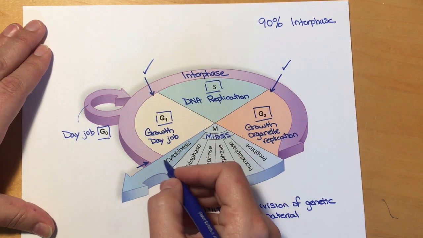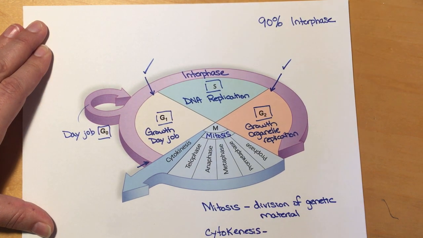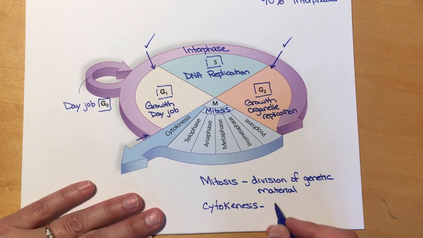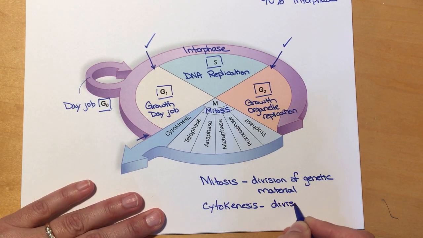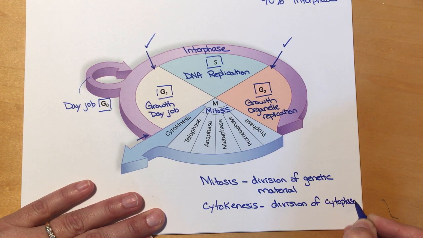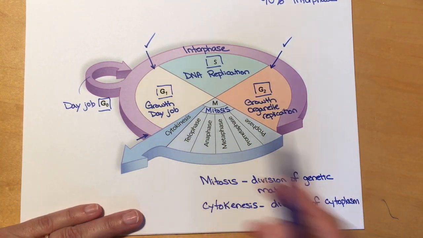And then over here in cytokinesis, you see what I'm writing? In cytokinesis, that's the division of the cytoplasm and all the stuff that's in there. So the organelles get divided, all the goo that's inside the cells get divided.